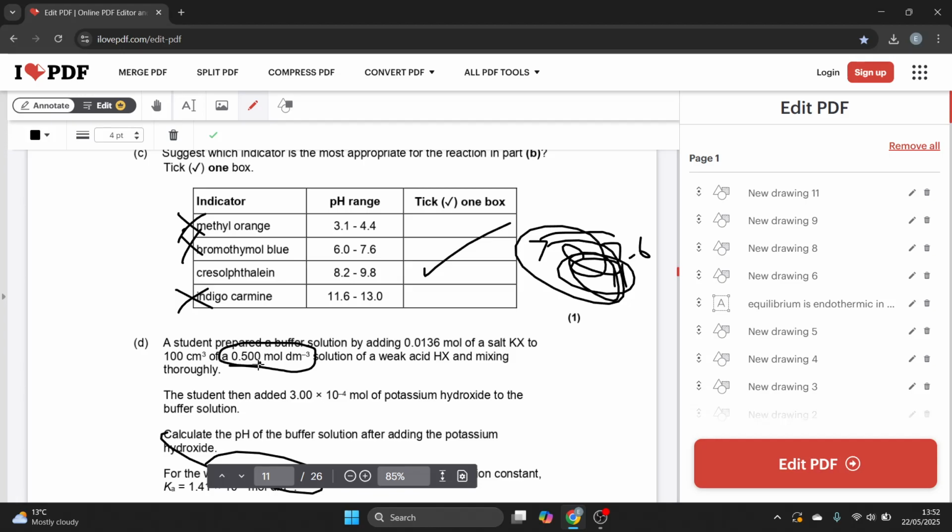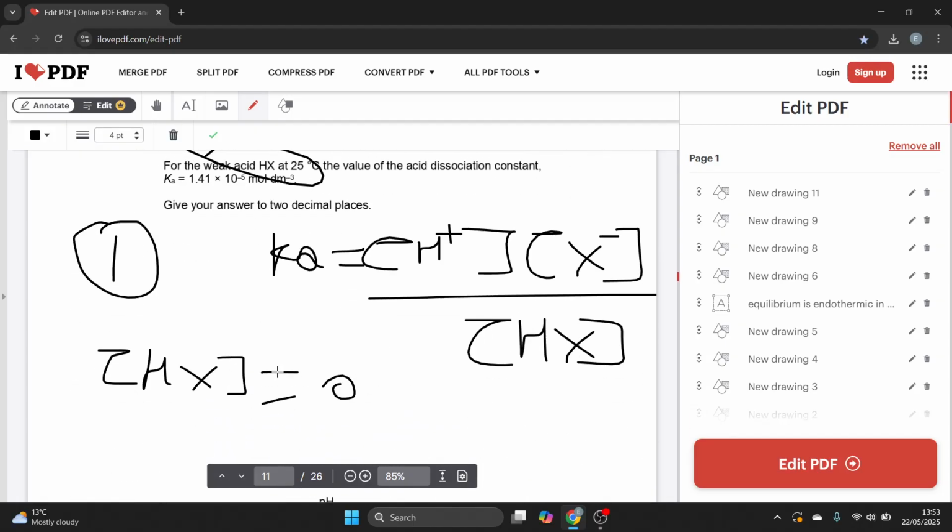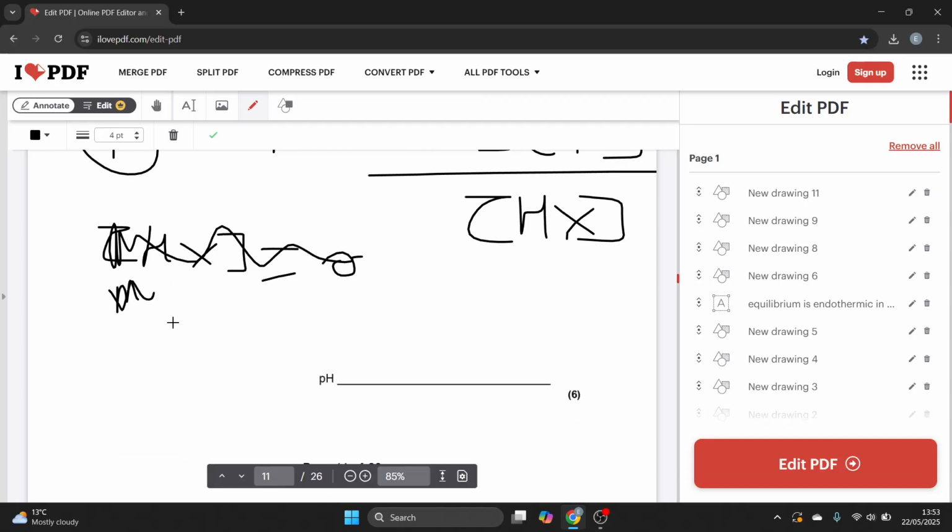Is it though? Yeah, it is. But I don't want the concentration, I want the moles. So the moles is going to be 0.0. How do we do it? In the mole scheme, I think it goes like n of HX, the number of moles, 0.0500.